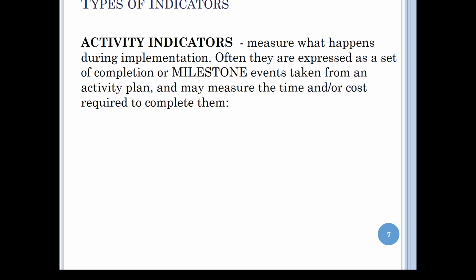For example, the date by which a hydrological model starts being calibrated after data has been collected and the model has been programmed. The model is not finished yet, it is going to be calibrated. So the calibration point is a milestone of this activity of producing a hydrological model.